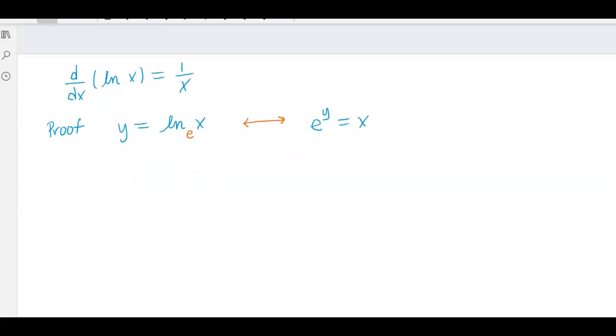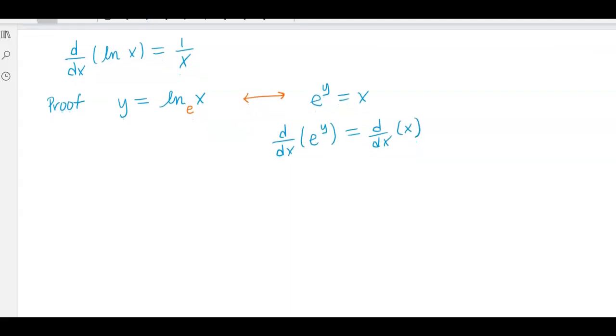So then I'm going to use implicit differentiation and just take the derivative directly of this new equation. So the derivative of the left side should equal the derivative of the right side. We just said that the derivative of e to the x is e to the x. So here we'll have e to the y, but by the chain rule, we have to tack on the derivative of the exponent here, the derivative of y with respect to x.